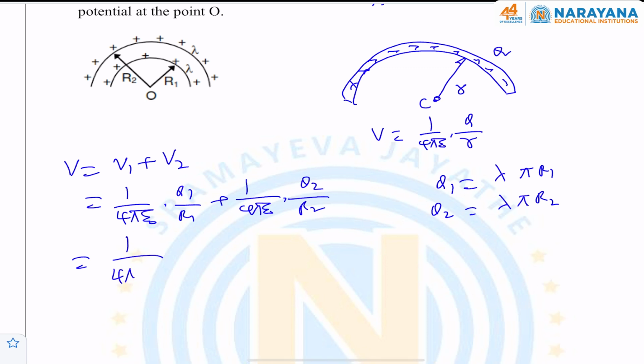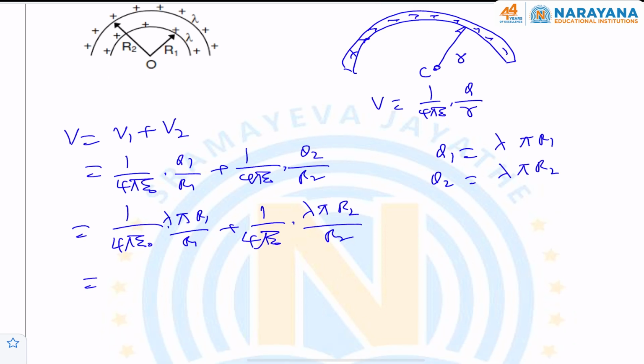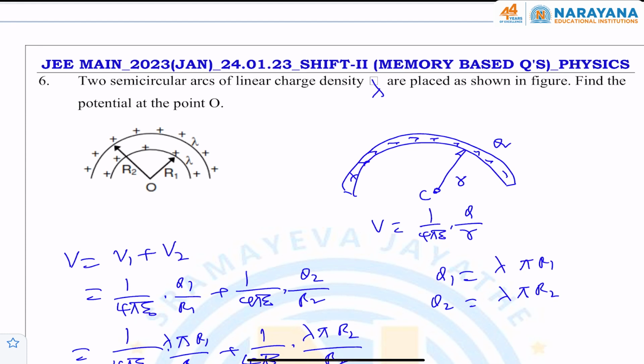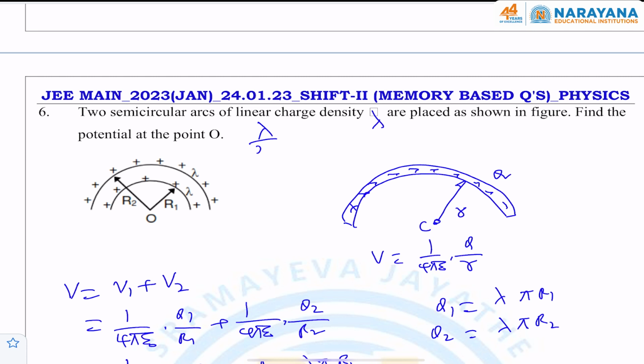Substituting those values, 1 by 4 pi epsilon naught lambda pi R1 by R1 plus 1 by 4 pi epsilon naught lambda pi R2 by R2, which is equal to lambda by 4 epsilon naught plus lambda by 4 epsilon naught, it is lambda by 2 epsilon naught. So something is missing here, it may be single option or numerical question, but answer is coming as lambda by 2 epsilon naught. It might have been asked in terms of lambda by epsilon naught.